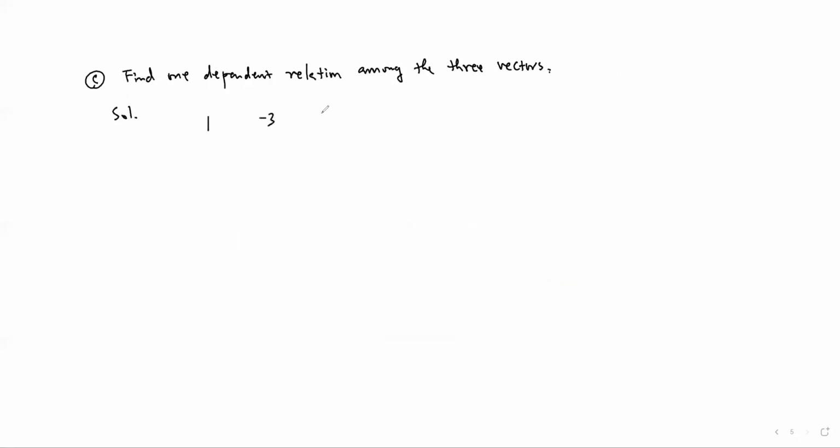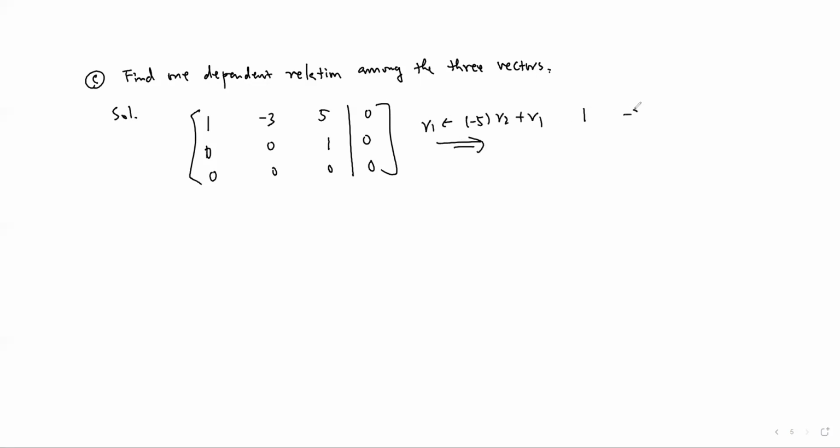The echelon form we got from part B: 0, 1, 0, 0, 0, 0, 0. Now negative 5 times row 2 added to row 1. Then the resulting matrix is in reduced echelon form.